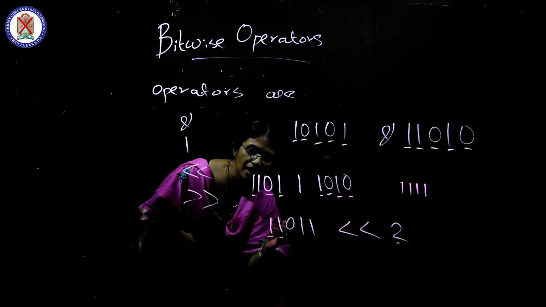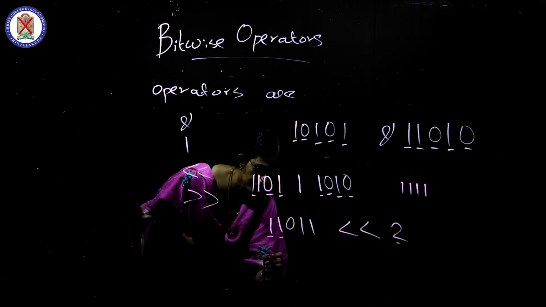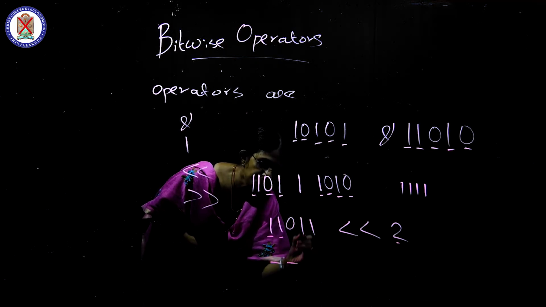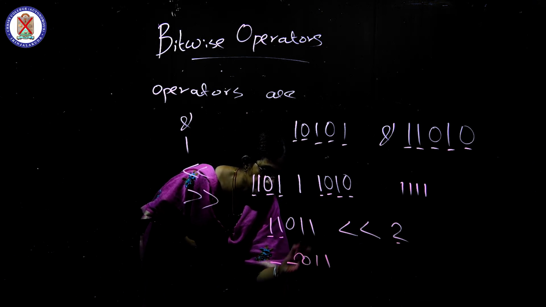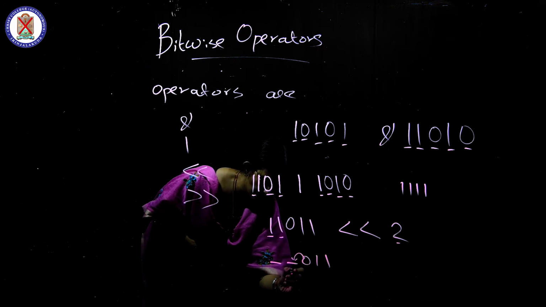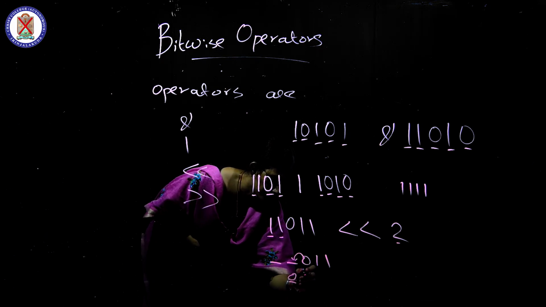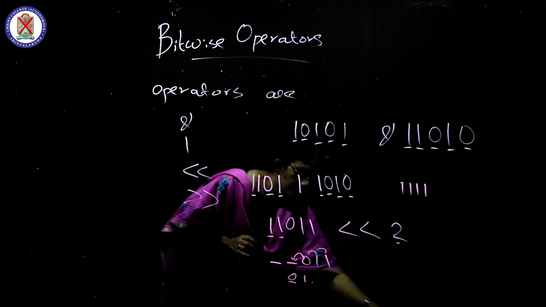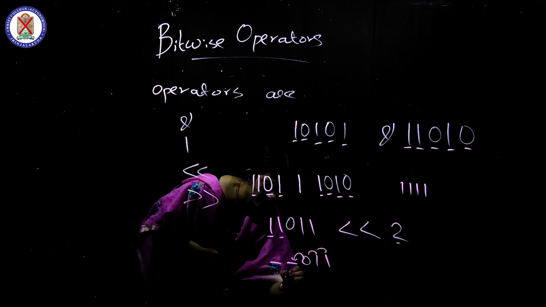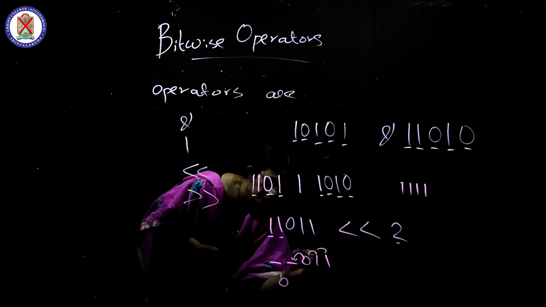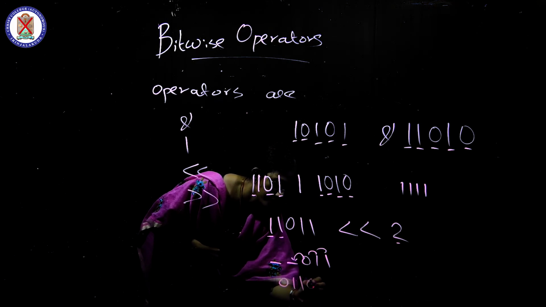Then these 2 bits are shifted. So we shift this to here first, then this value is shifted to here, and like this. Finally we get 0 1 1 0 0.